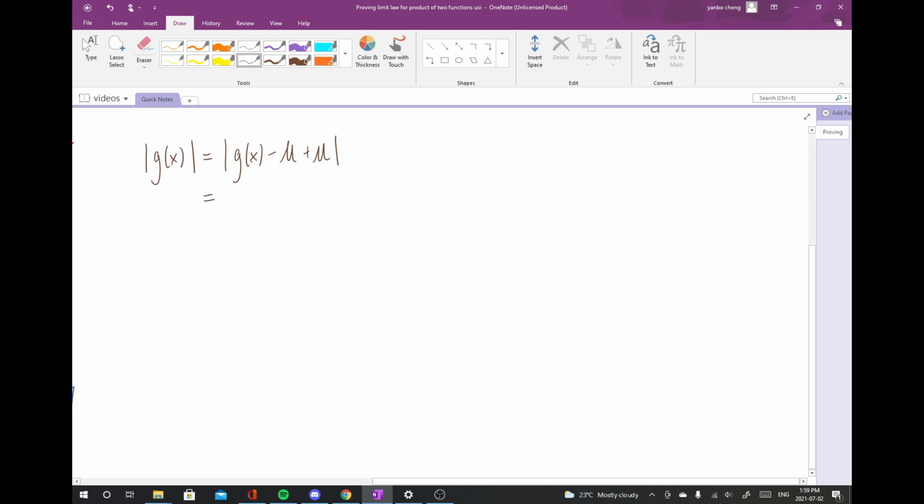And if we were to separate this by the triangle inequality again, you have absolute value of g of x minus m, which is smaller than or equal to, plus absolute value of m, by triangle inequality.